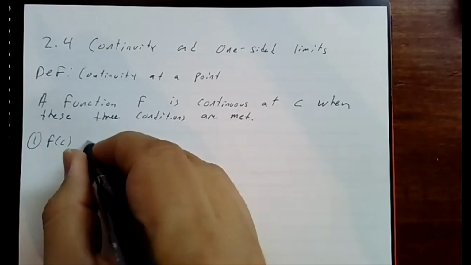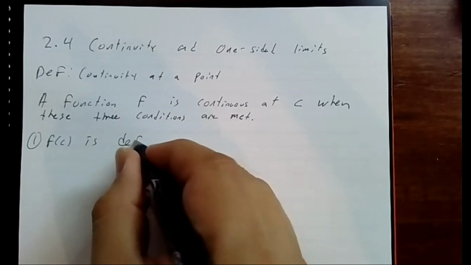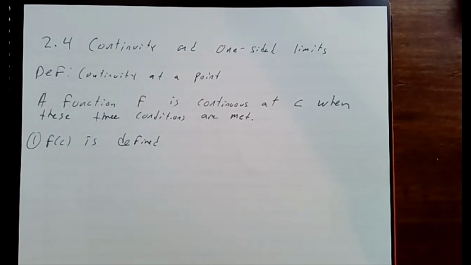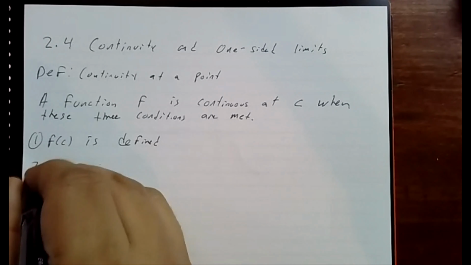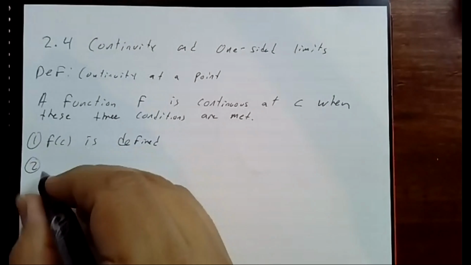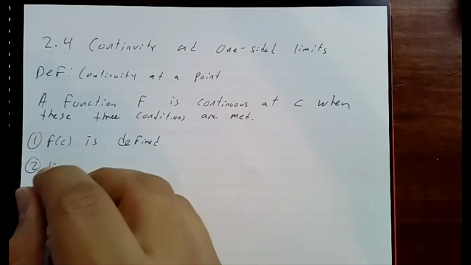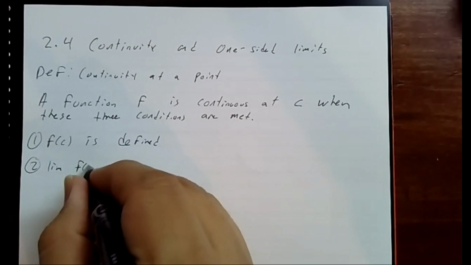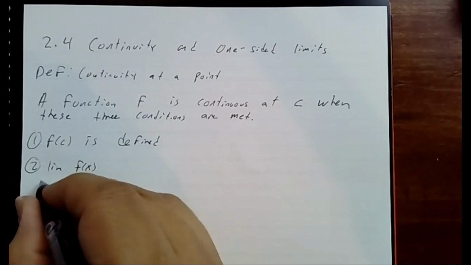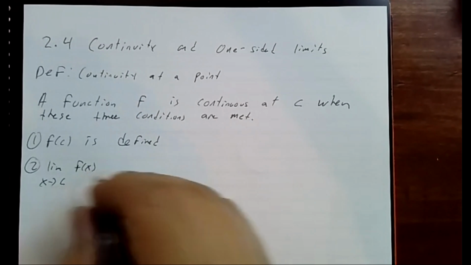One, f of C is defined, meaning that I can plug C into the function without any problem. It is not undefined, it is defined. Number two, the limit of f of x as x goes to C exists.